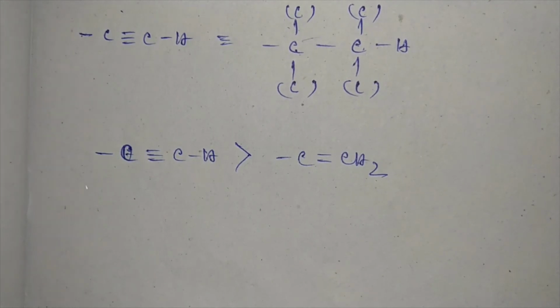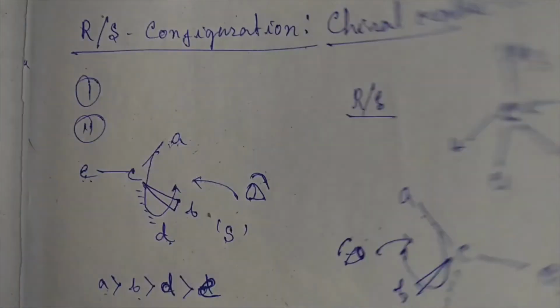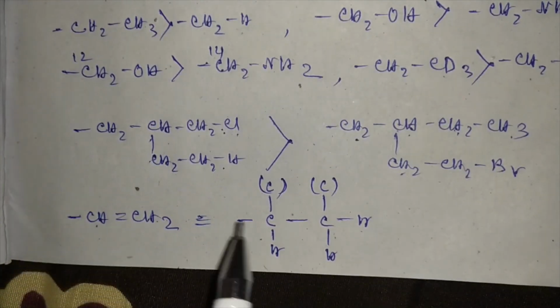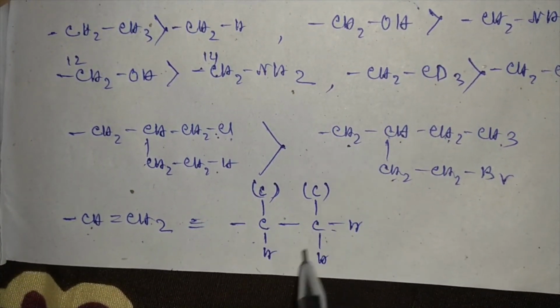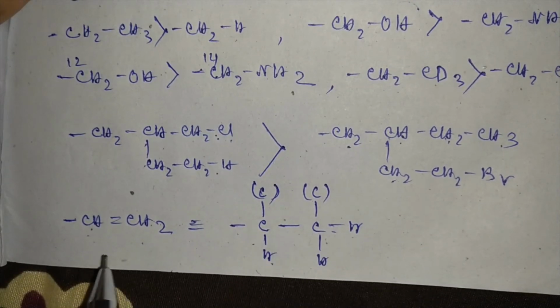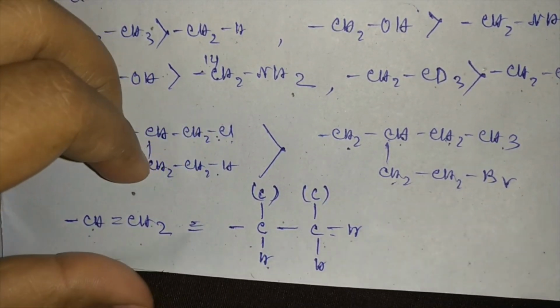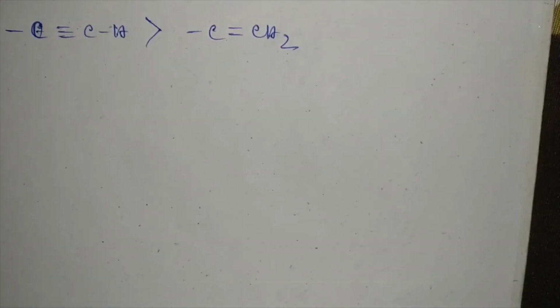On the other hand, in case of CH double bond CH2, the carbon is bonded to 2 carbon atoms and 1 hydrogen atom. So CH triple bond CH will have higher priority than this.